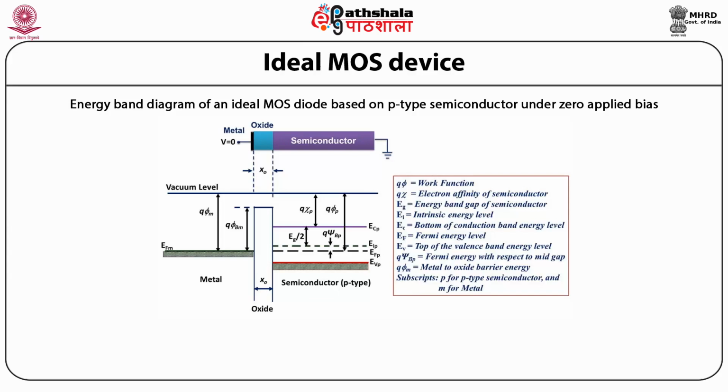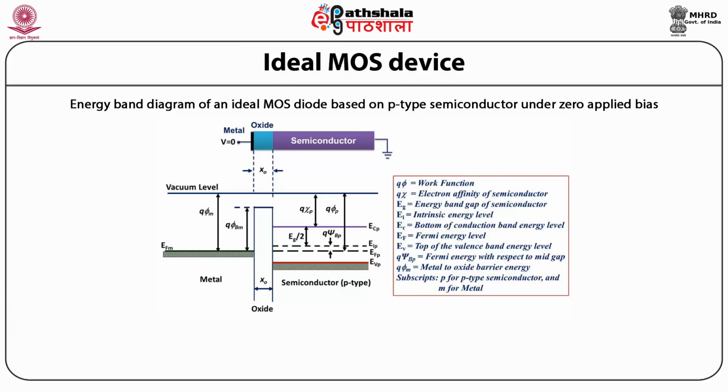If we go towards the semiconductor side, then Eg is the energy band gap, Ei is the intrinsic energy level, Ef is the Fermi energy level, Ec corresponds to the bottom of the conduction band energy level, and Ev corresponds to the top of the valence band energy level.